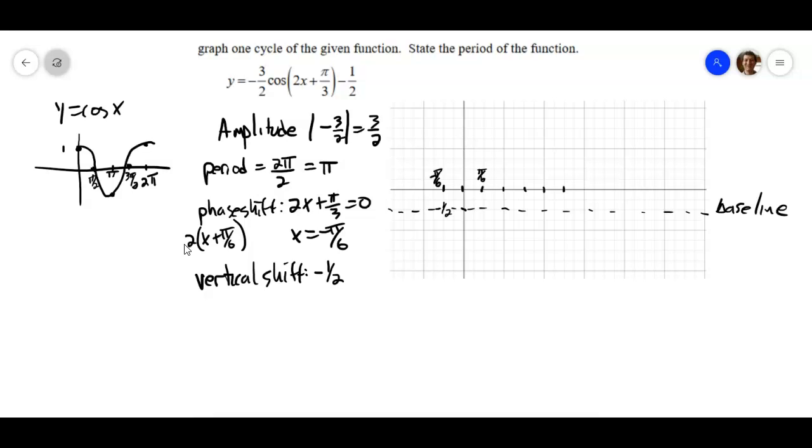So normally, the cosine starts at baseline, up at amplitude. We're going to start at baseline, shifted left pi sixths, down, because of the minus, the amplitude. So from this point, we're going to be down 3 halves, which is 1/2, 2 halves, 3 halves.